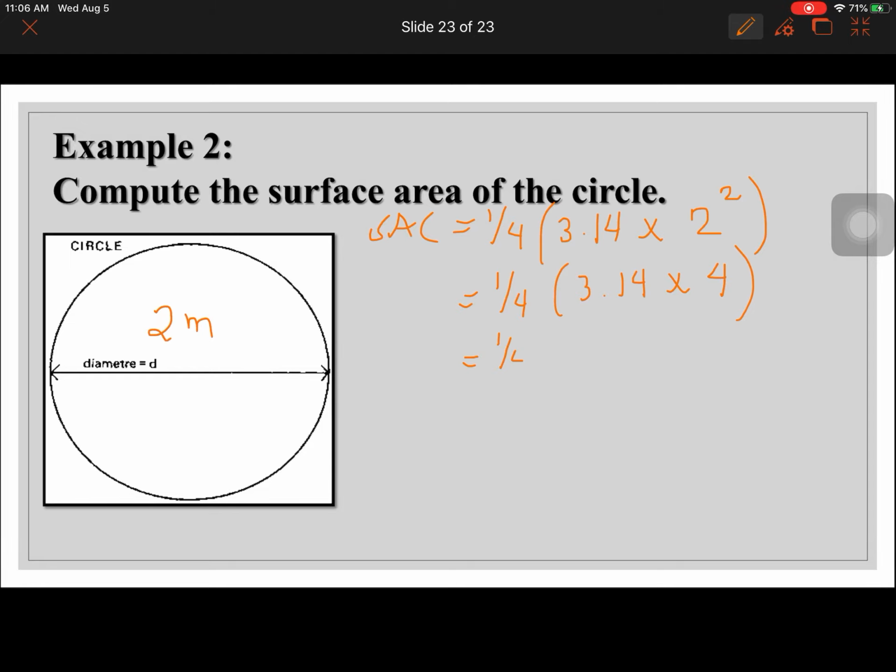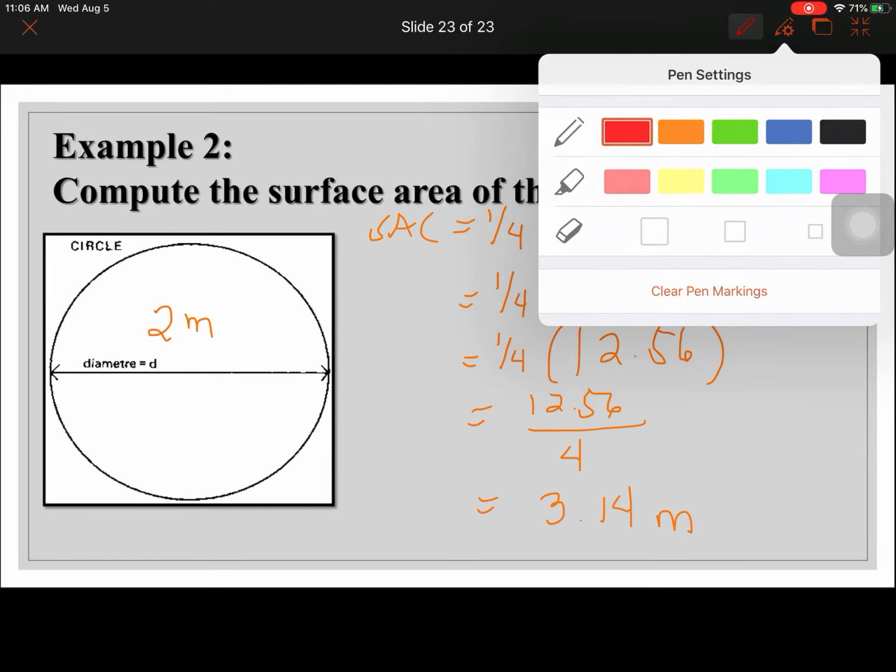So 1/4 times 3.14 times 4. Compute natin. 3.14 times 4. May value na 12.56. Common sense na 1/4, 1 times 12.56 is equal to 12.56 divided by 4. Ang sagot ay 3.14 meters. Ito po yung ating pinakasagot.